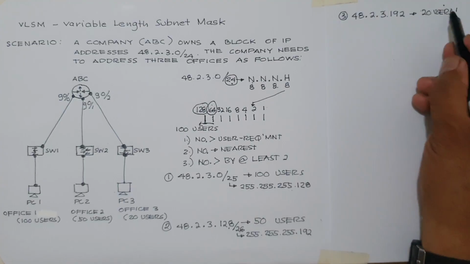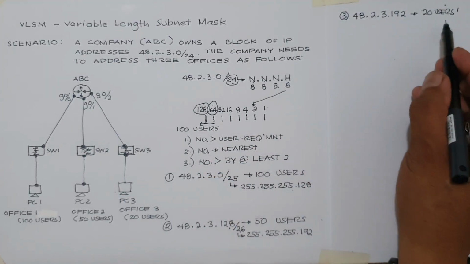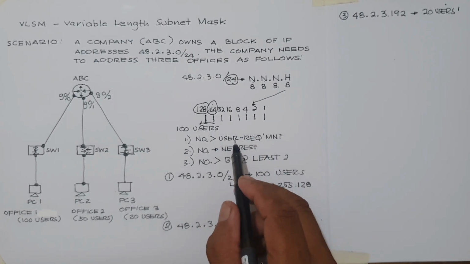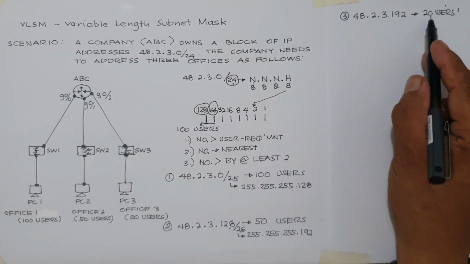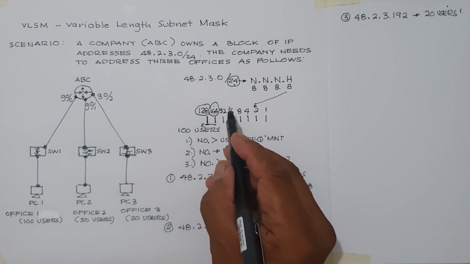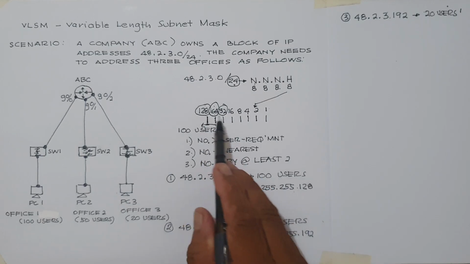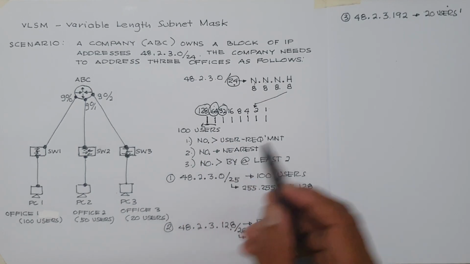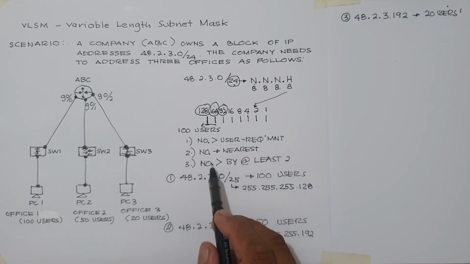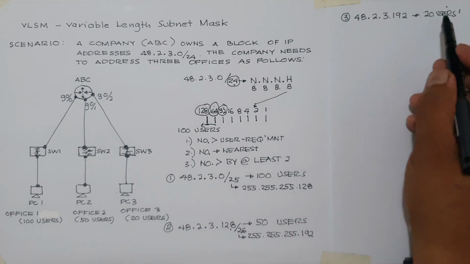And this time, we compare this to these numbers. So again, which of these numbers is greater than the user requirement of 20? There are 3: 128, 64, and 32. Now, which of these is nearest to 20? It's 32. Is 32 greater by at least 2 than the user requirement?